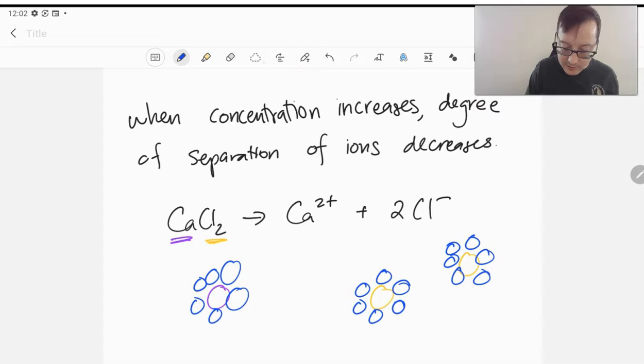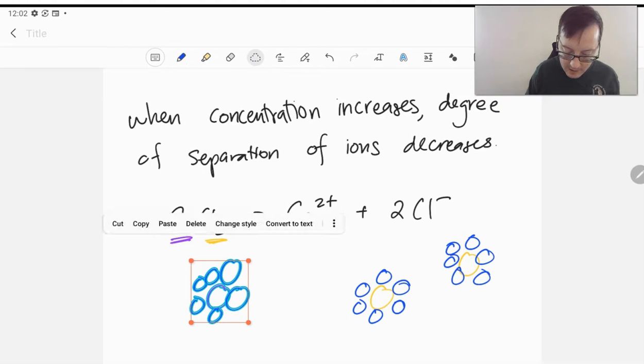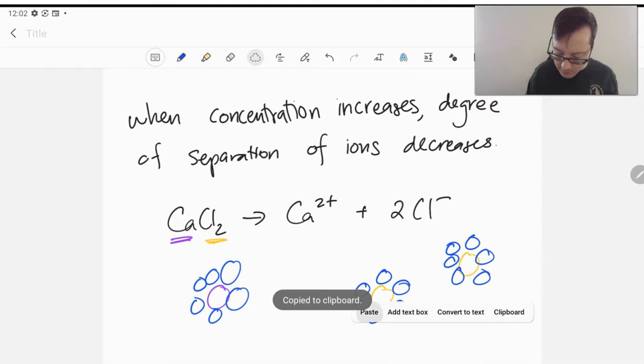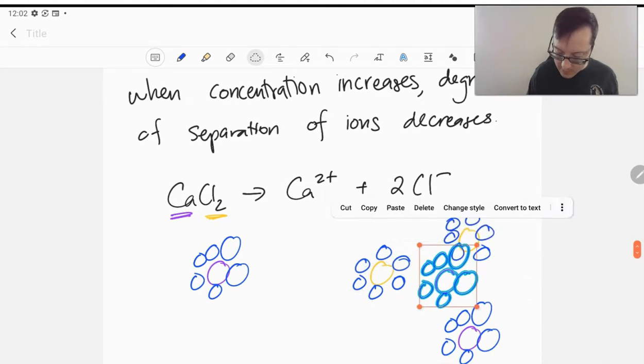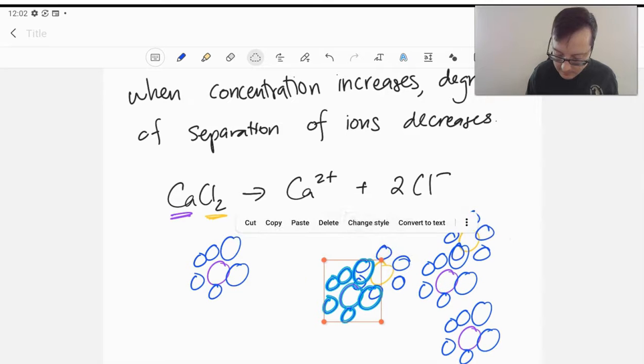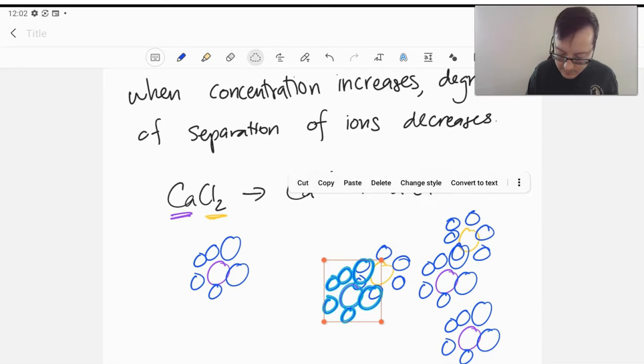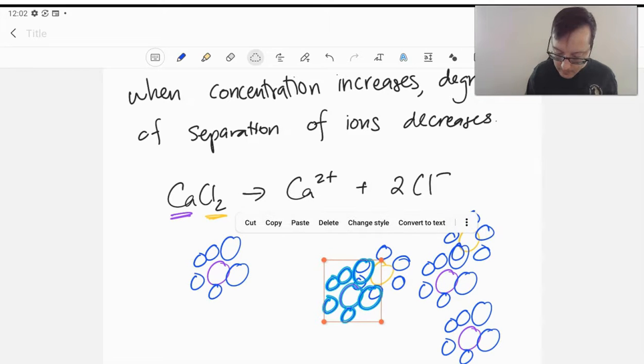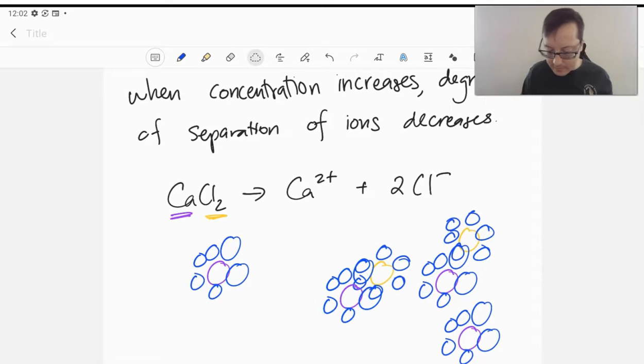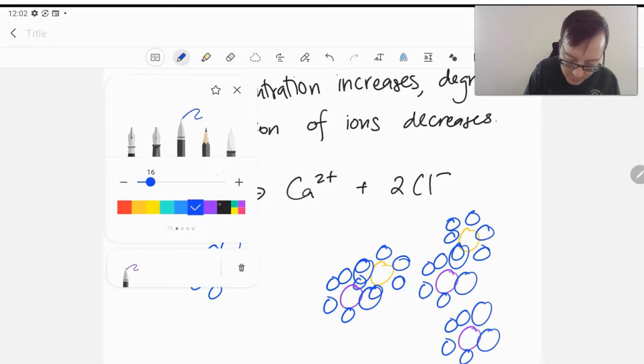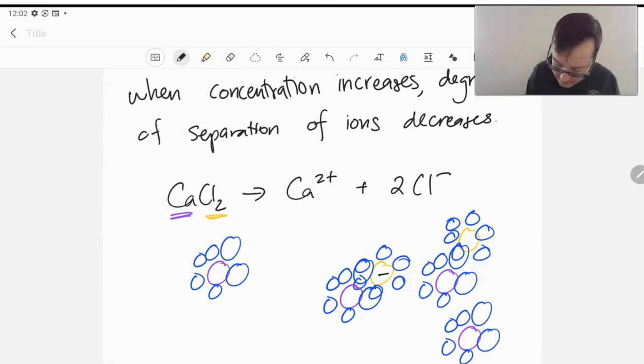However, if we start adding more and more and more, as the thing gets more and more concentrated, I guess I'm only putting purple ones, that's okay. As we see that, oh, well, look, as we've put more and more here, we've got some kind of partial interactions happening between the ions again.